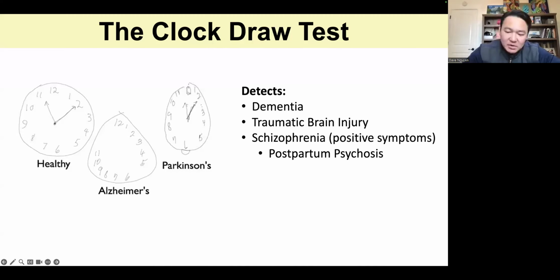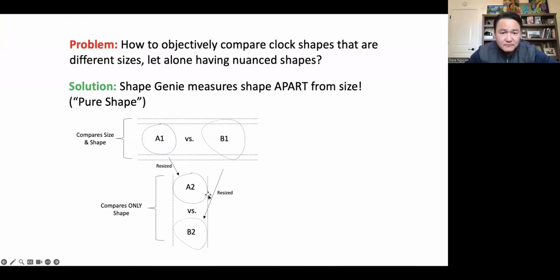Well, Brainscanology solved that problem with Shape Genie, because we can measure pure shape. So no matter when somebody draws clocks on a piece of paper, multiple times, say once a month, no matter how they draw it, large or small, we can resize it and measure its pure shape.